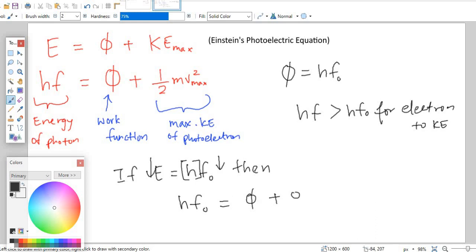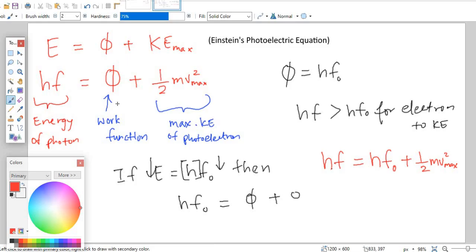Again, we can rewrite this equation here. Then we can write it as hf, that is the energy of the photon, is equal to the work function, which is hf naught, plus the kinetic energy of the photoelectron or electron. Okay, that is the final one.